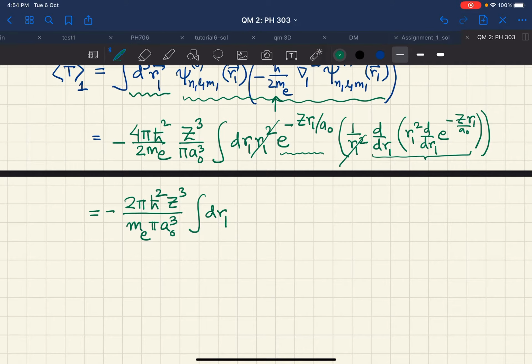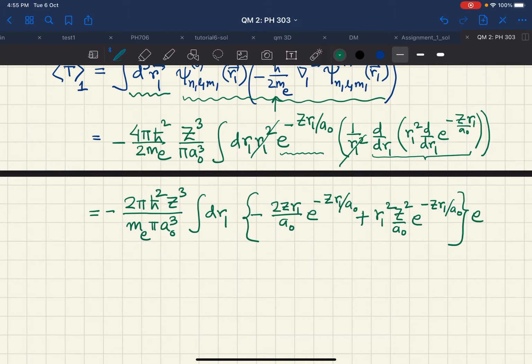This part will give us minus 2Z r1 by a0 e to the power minus Z r1 by a0, and then there will be a plus r1 squared Z squared by a0 e to the minus Z r1 by a0, and the whole thing multiplied by e to the minus Z r1 by a0. That is what we are going to get from this expression.